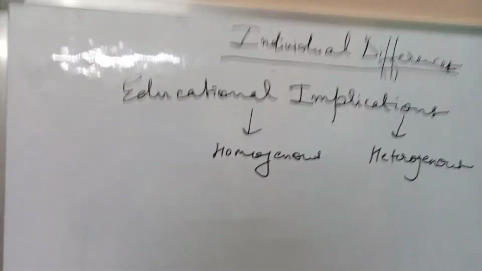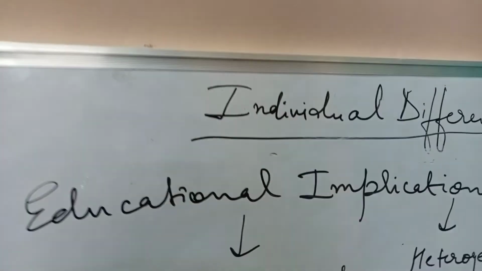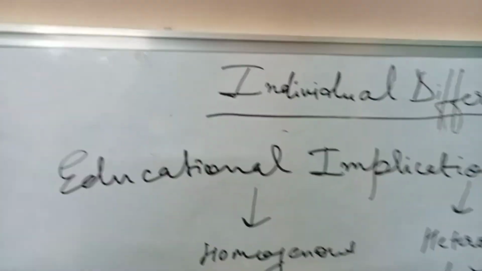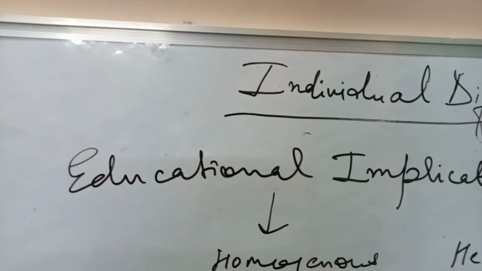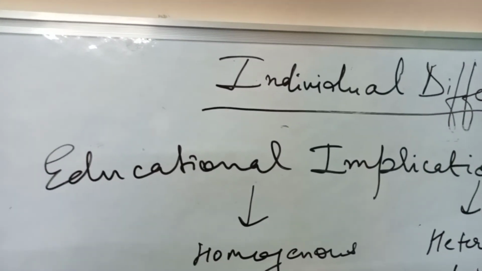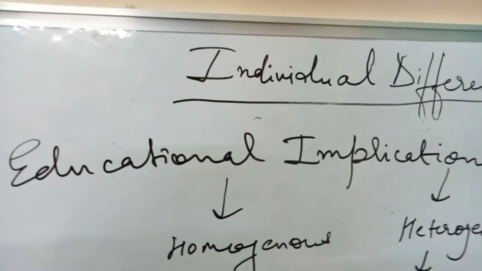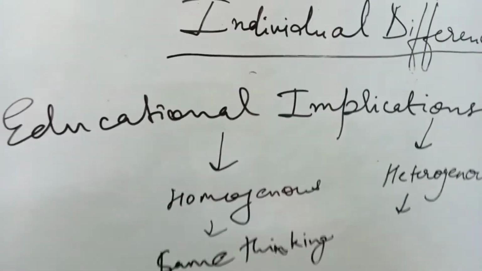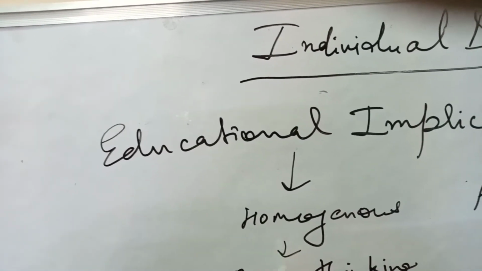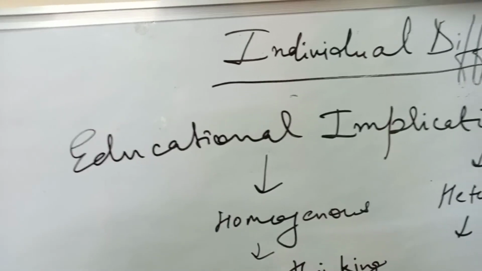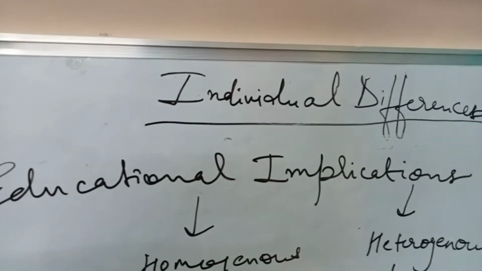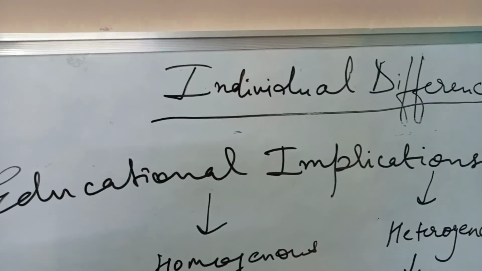Homogeneous means same-ability students are grouped together, with the same thinking, same intelligence level, same IQ, etc. Heterogeneous means different thinking, and all differences are present here.